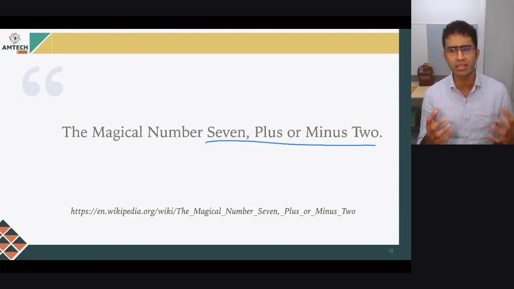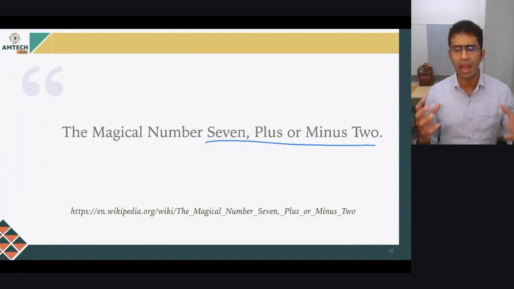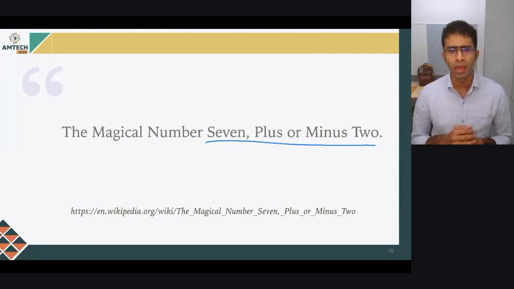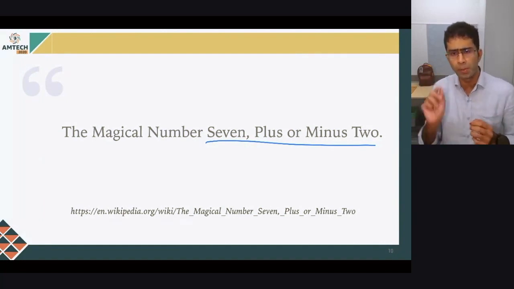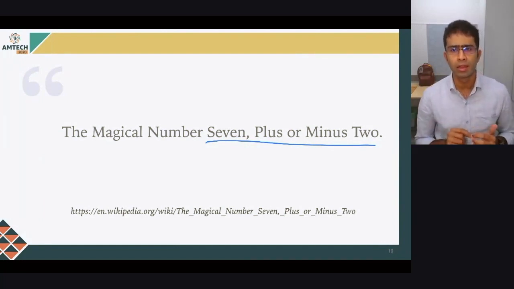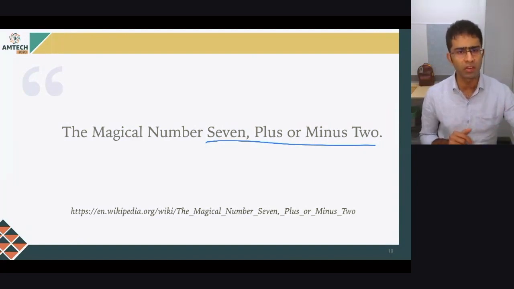It says that the number of objects an average human can hold in short-term memory is about 7 plus or minus 2. And remember, one of the themes I spoke about is that software is for humans. So I'm going to sprinkle 7 plus or minus 2 throughout my talk when I talk about understandability, readability, reasoning, and so on. So I'll keep touching upon this, and this is something for you to read.